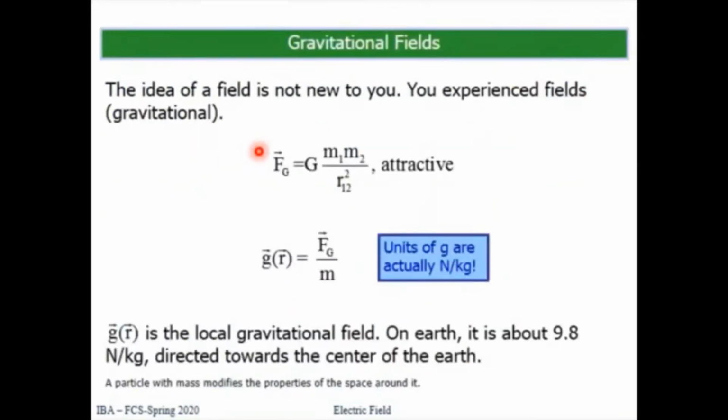The idea of electrostatic field is not really new, because we have already studied the gravitational field and gravitational forces. You already know that there is a force between two masses, and that is called the gravitational force, where capital G is the universal gravitational constant, m1 and m2 are the magnitudes of the masses, and r12 is the distance between the two masses m1 and m2.